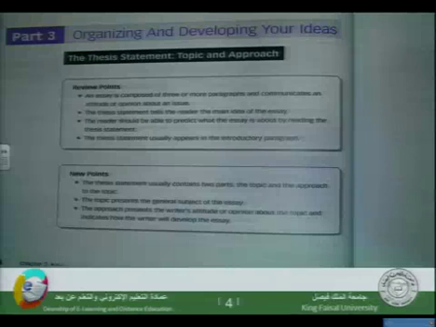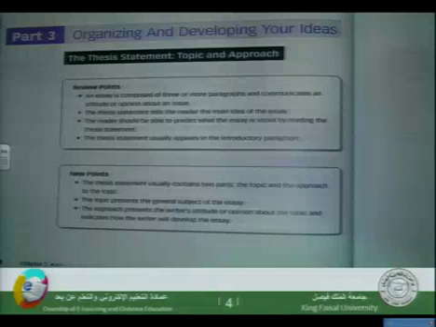Now, this is, of course, page 34 of your book, and it talks about the thesis statement, topic, and approach. Now, let's just go through these points and discuss them.